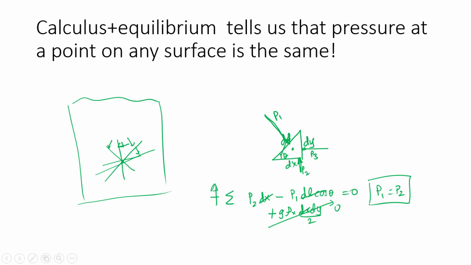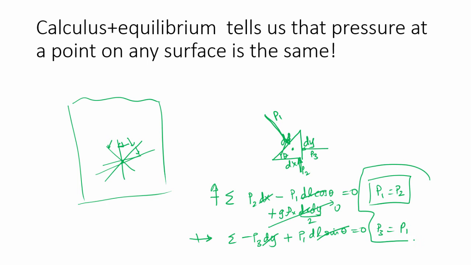That's the exact version. Same way if I do horizontal, I will get the summation of forces: negative P3 dy plus P1 dl sin theta equal to 0. Again dl sin theta equals dy, and I will get P3 equal to P1.